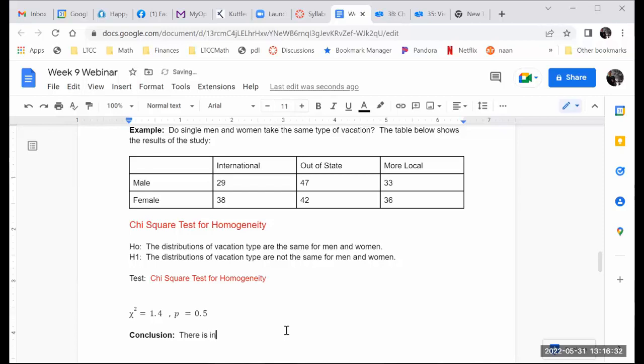Insufficient evidence. Do you have to put statistically insufficient for these? You noticed in the last example that you didn't. Typically, if you write insufficient, then that has it in.